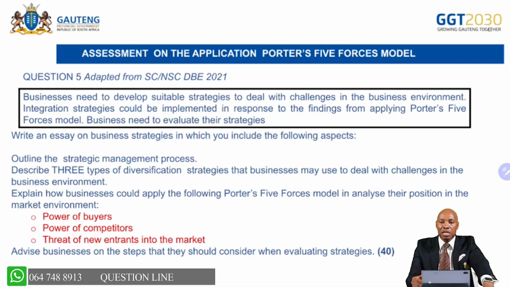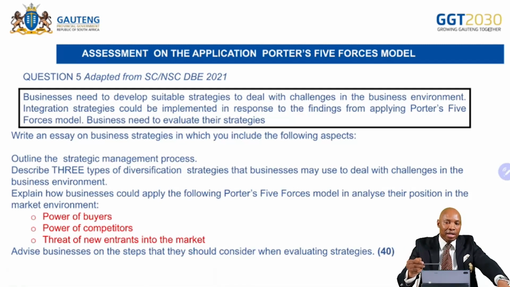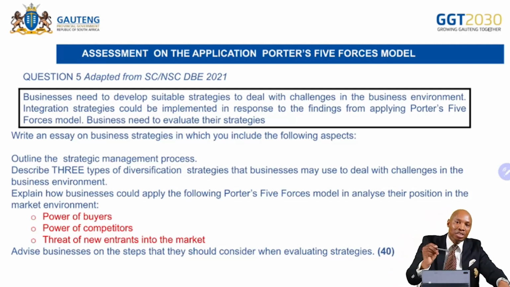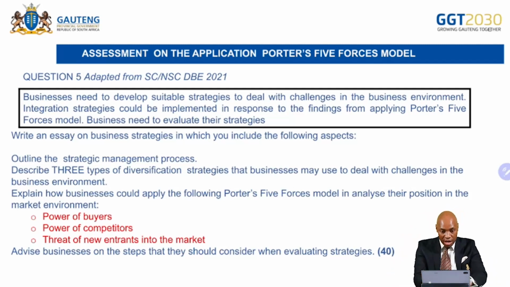In Section C, we have a preamble. In Section B, we have a scenario. Hence, you are guided in Section B, whereby they say motivate your answer by quoting from the scenario. Here, in this typical example of an essay question, there is no way it says motivate your answer by quoting from the preamble. So it's important that you do not steal from the preamble. Don't repeat facts from the preamble.